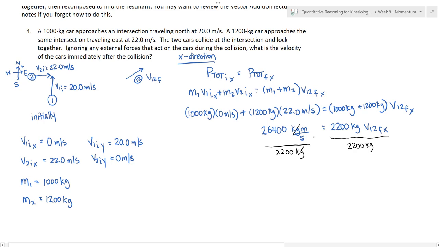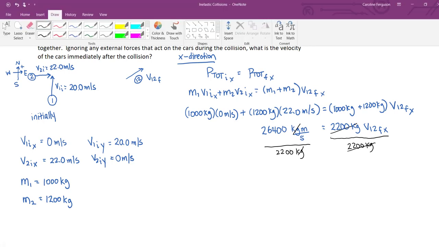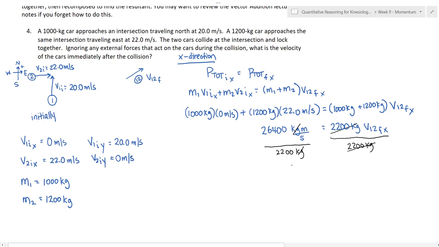And you'll see the kilograms cancel out. And I have v12 final in the x direction is 26,400 divided by 2,200, and that's exactly 12. And the units are meters per second.